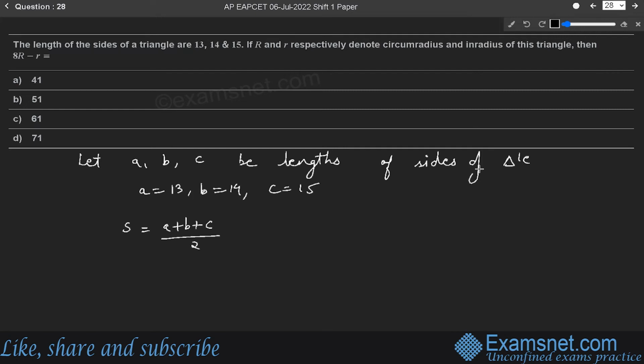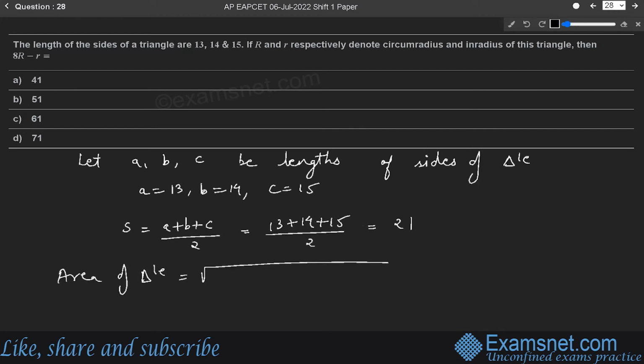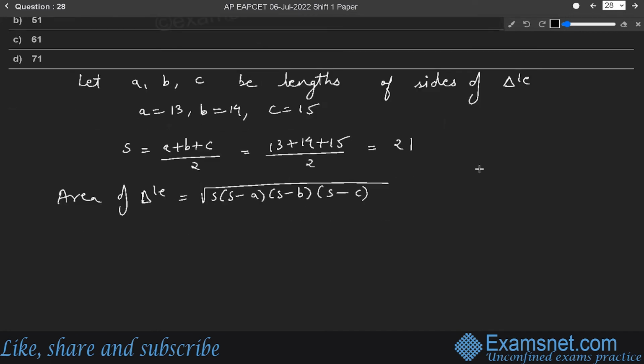Here s is the semi-perimeter. So it will be 13 plus 14 plus 15 divided by 2, which will be equal to 21. Therefore, the area of the triangle will be equal to the square root of s into (s minus a) into (s minus b) into (s minus c).